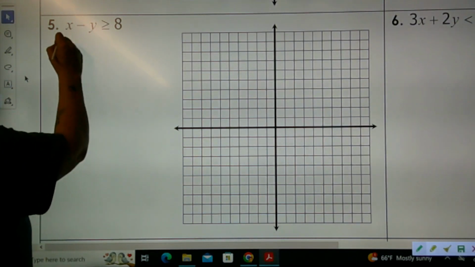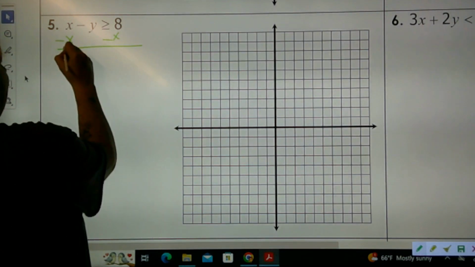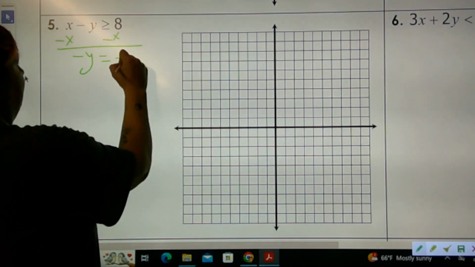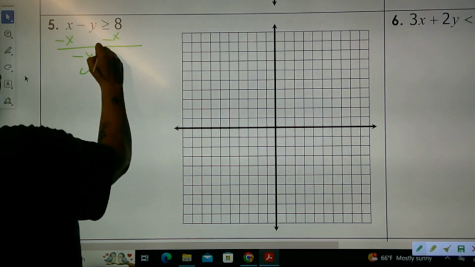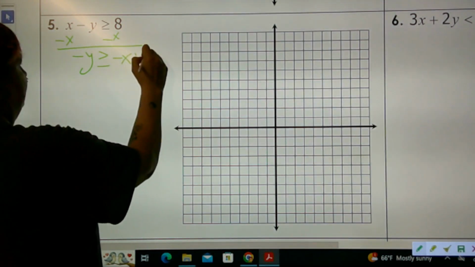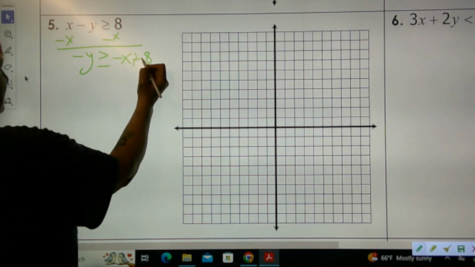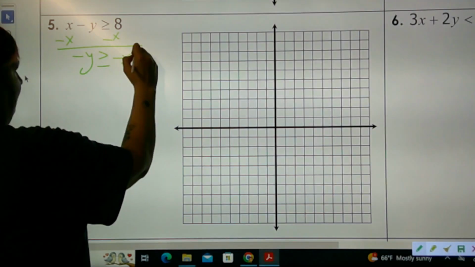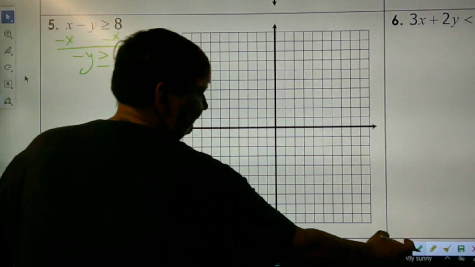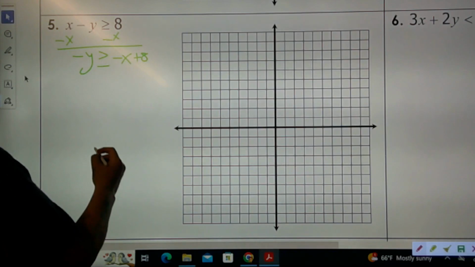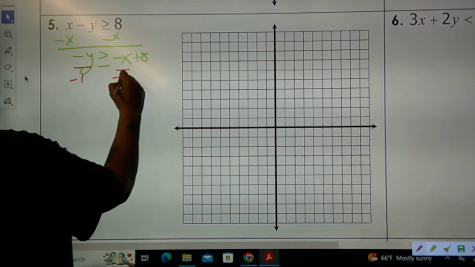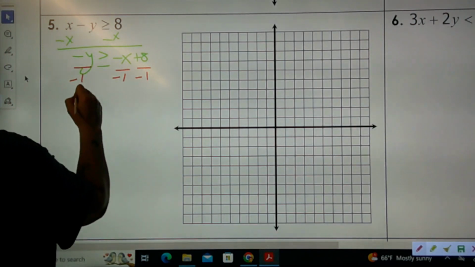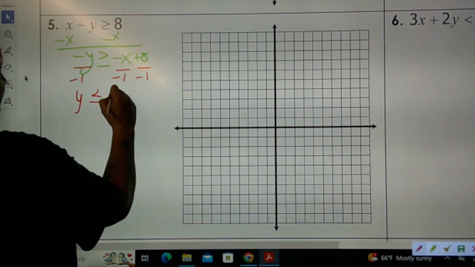Alright, solve for y. Ooh, I put equals out of habit. I don't know if you can see the green. I don't like using the green. I think the red's the most visible. And then divide by -1. If we're dividing or multiplying by a negative, you're going to flip the symbol.